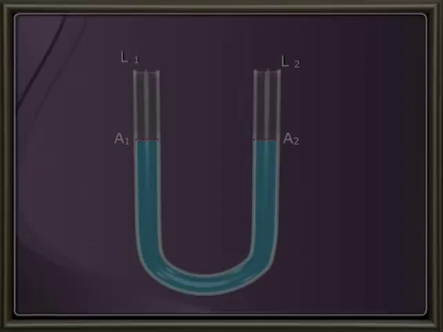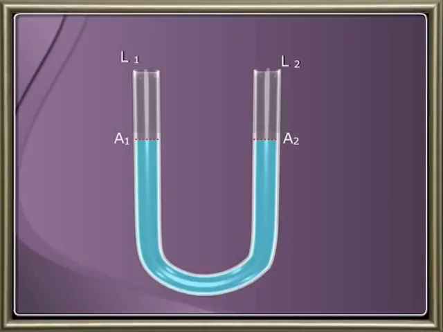Let's look at another experiment to demonstrate SHM, that is simple harmonic motion, using a U-shaped test tube filled with water. Fill water in both limbs L1 and L2 and mark the initial reading of water as A1 and A2.